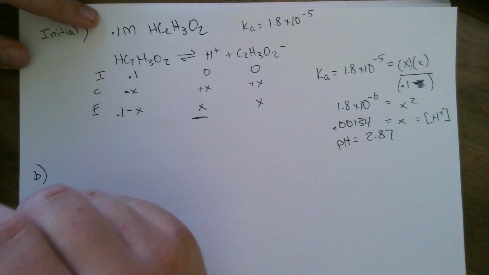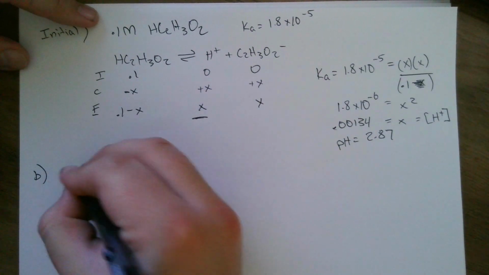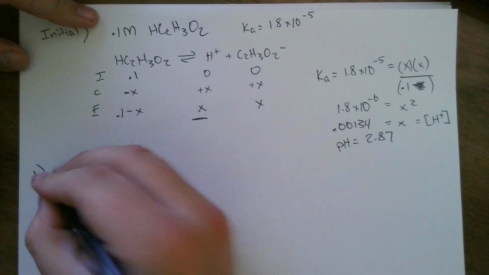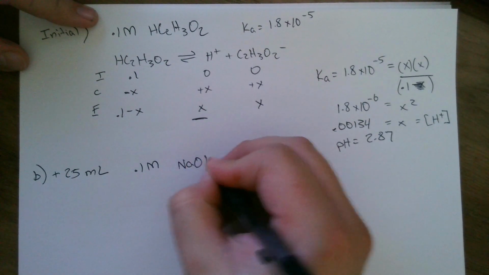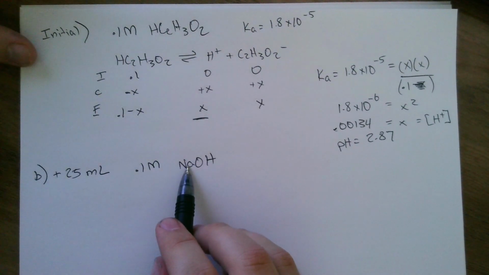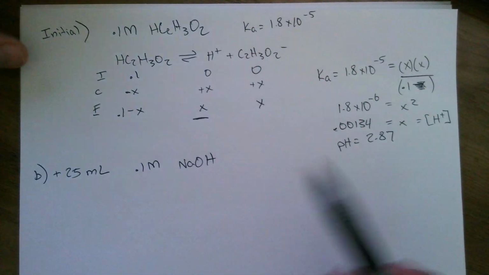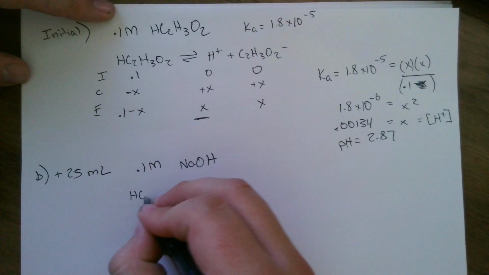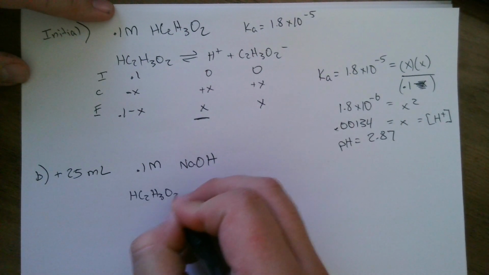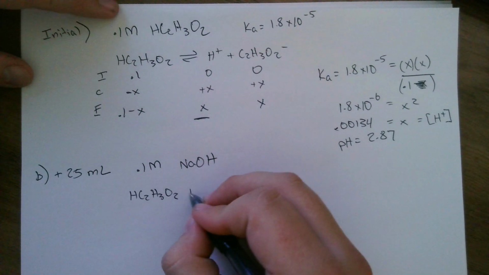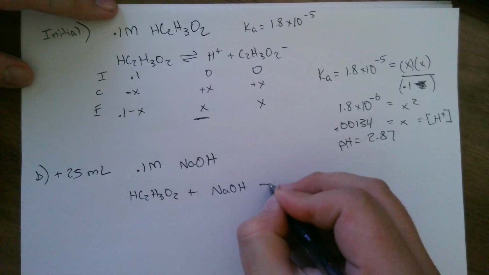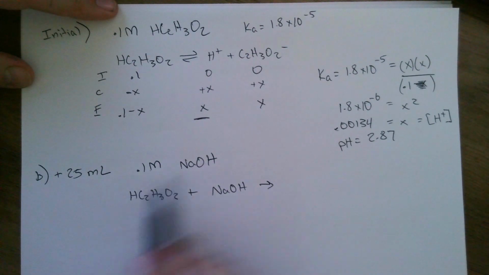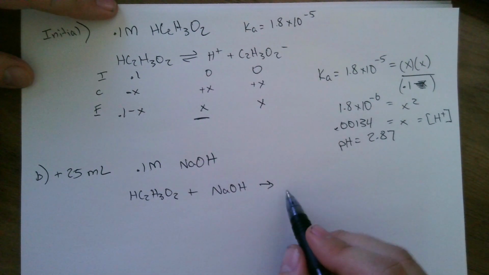Part B, I'm going to add 25 milliliters of 0.1 molar NaOH. This base is going to react with this weak acid, plus NaOH. When these things react, they're going to neutralize, basically.